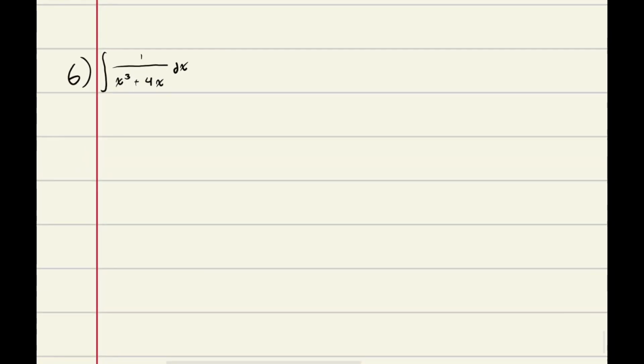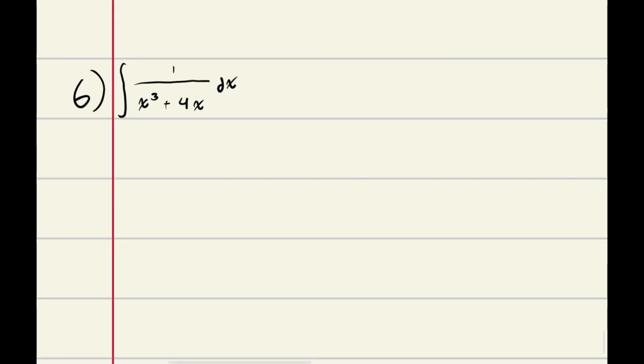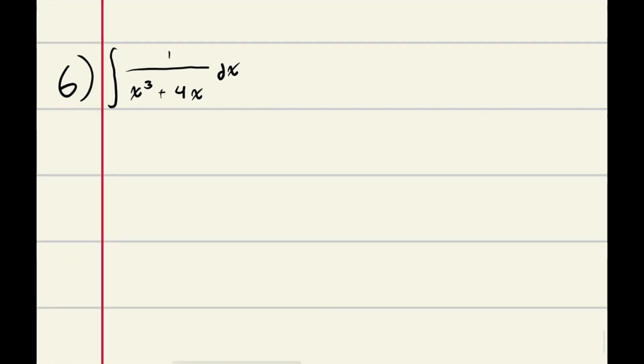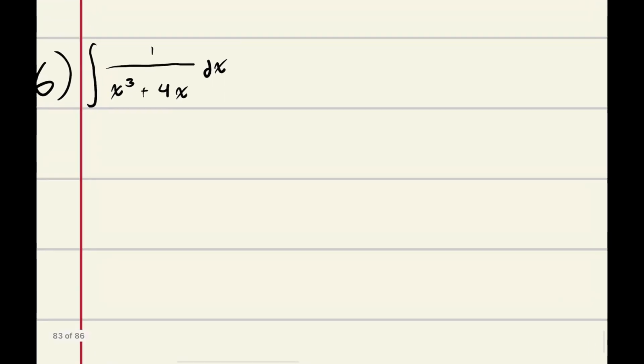Number 6 is to integrate 1 over x cubed plus 4x. There are 2 ways of doing this, and I think I'll be able to do both. Let's start with partial fraction decomposition.